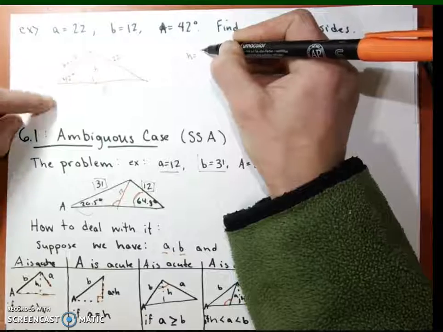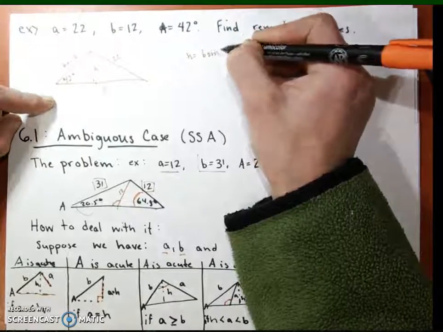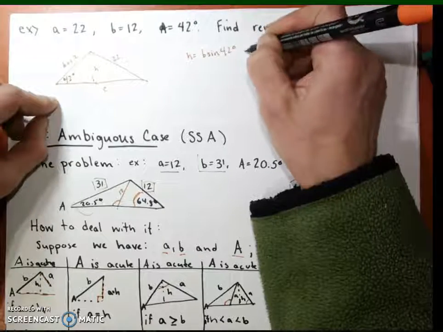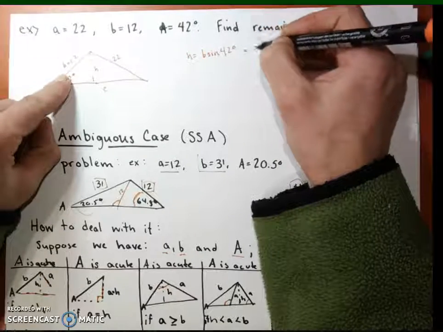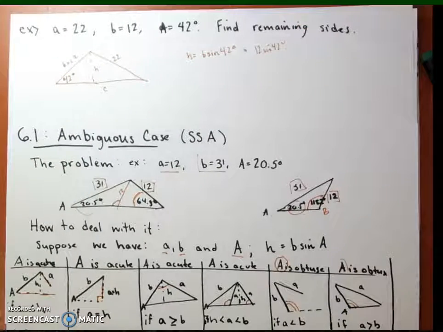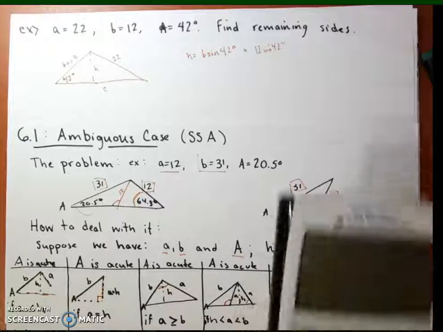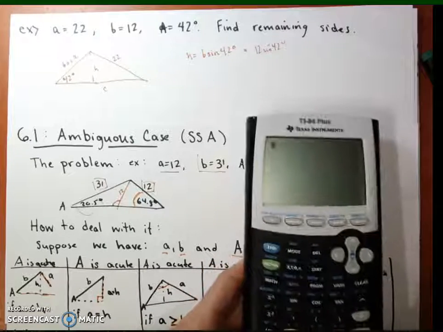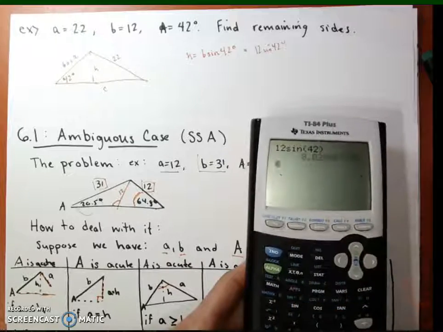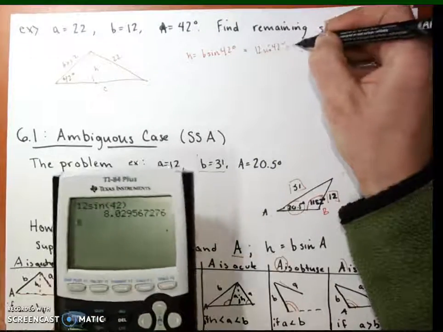So h here is equal to b times sine of 42 degrees. In this case, we get 12 times sine 42. The reason I'm figuring out h is just so I can check which case I'm in, so I know how many solutions I have. 12 sine 42 is approximately 8.